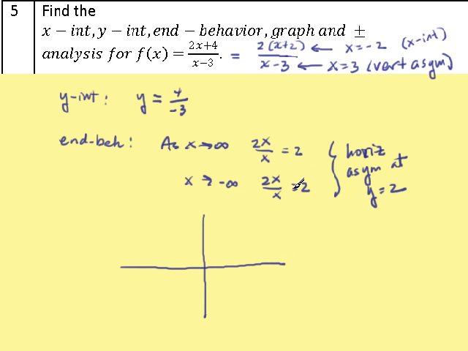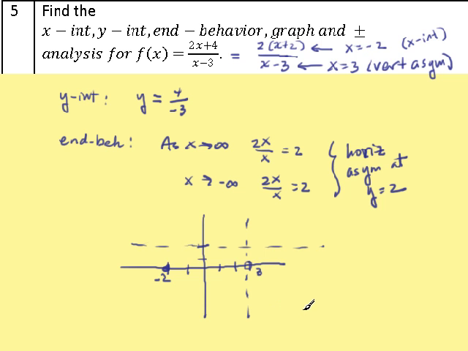We'll put in the x-intercept, minus 2. Let's put in the vertical asymptote at 3, and the horizontal at 2. Okay, now let me put an open circle over here.